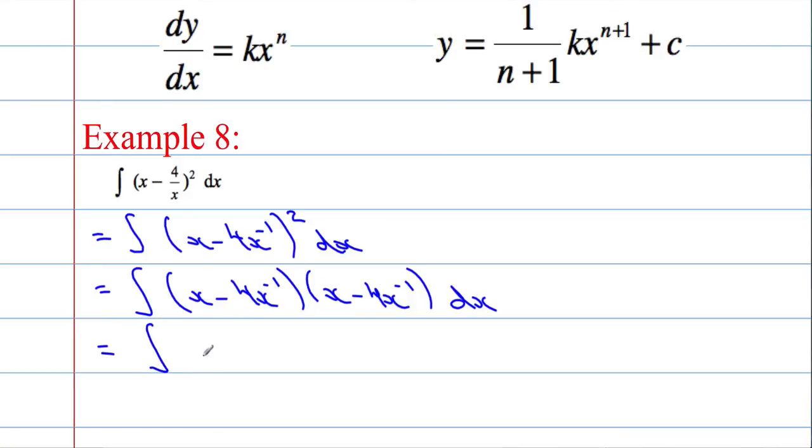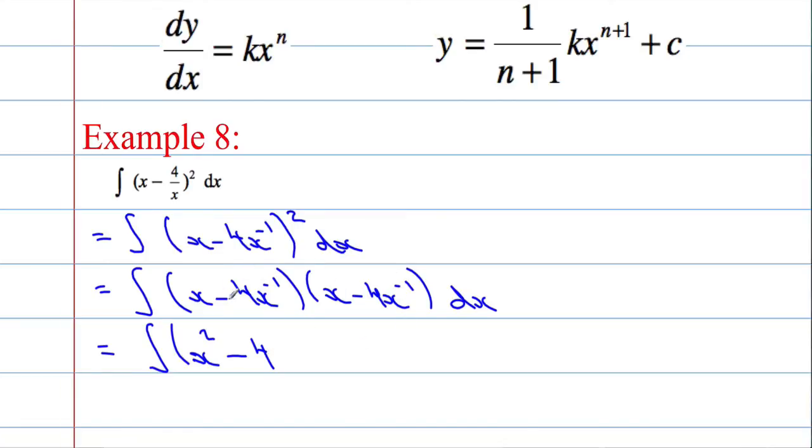So x times x, x squared, x times negative 4x to the negative 1 is going to give me negative 4. That's x to the positive 1, that's x to the negative 1. When we multiply them, we add the powers, which is going to give me a 0. And 4 times x to the power of 0 is 4.